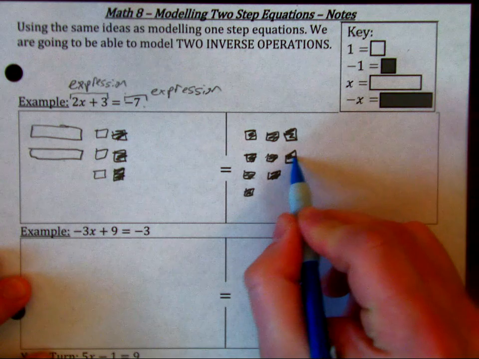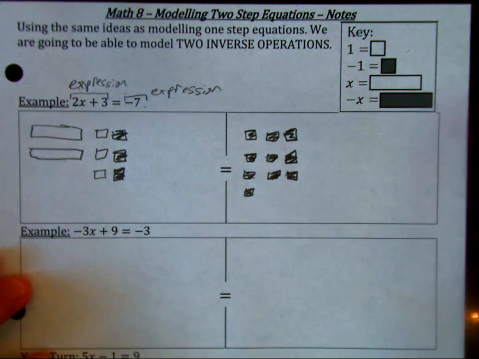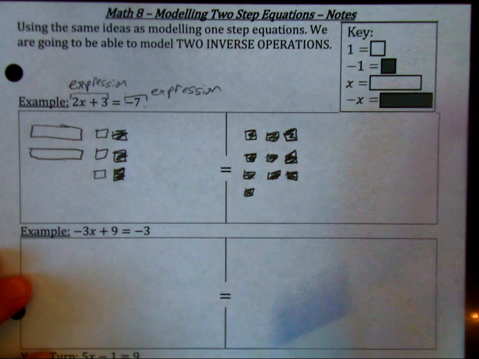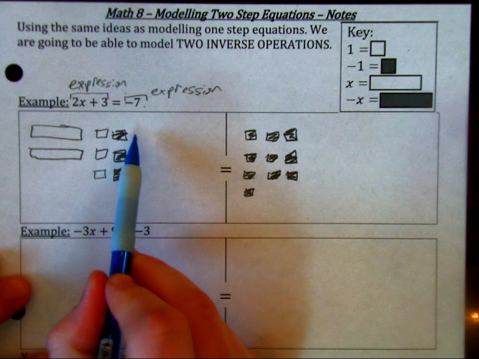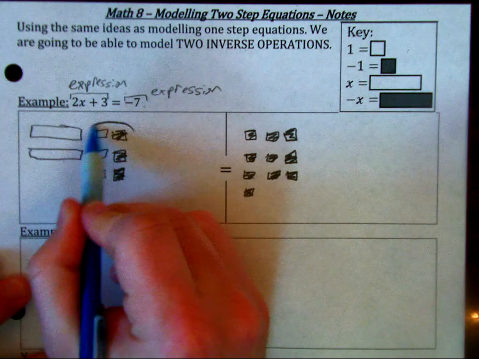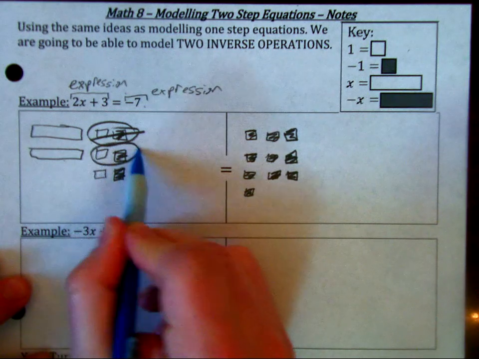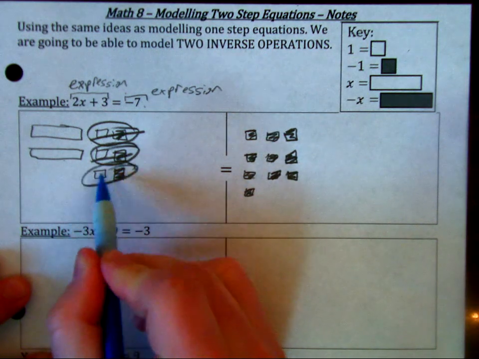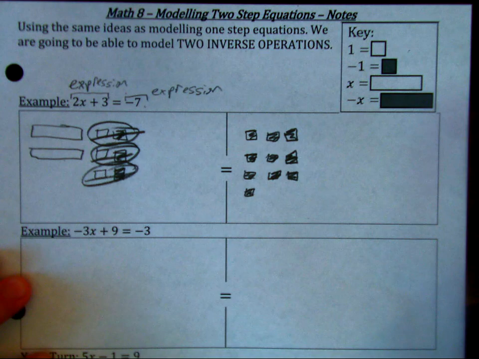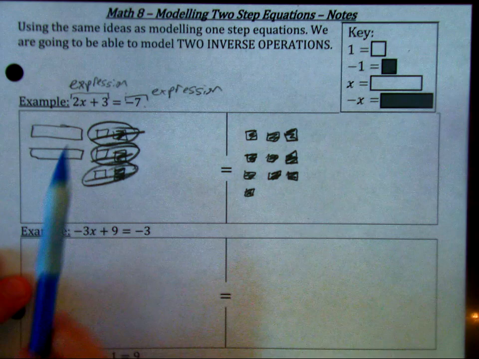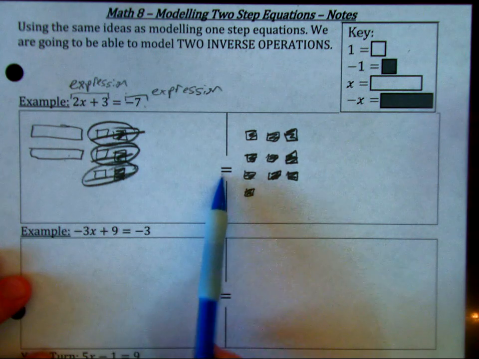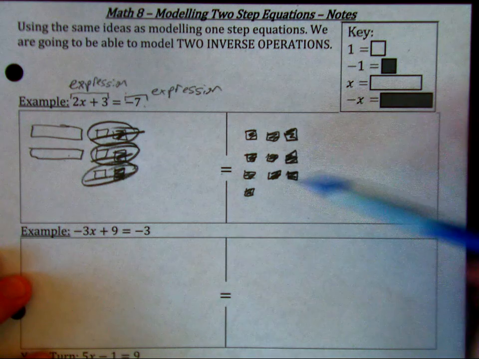So 3 negatives to both sides. Now that I added the opposites, I can say, okay, what is this going to look like? Well, I have a 0 pair here, 0 pair here, 0 pair here. So now what am I left with? I have 2x equals, and then I have 10 negatives.